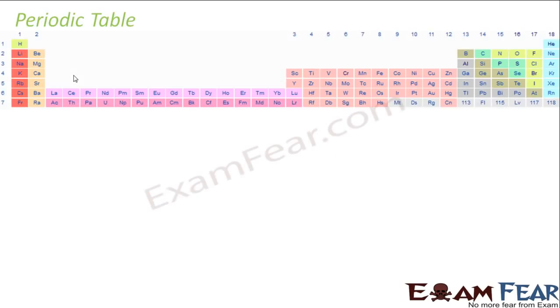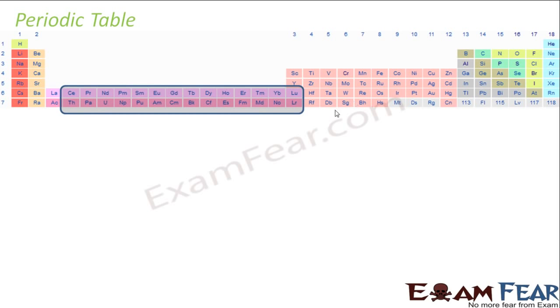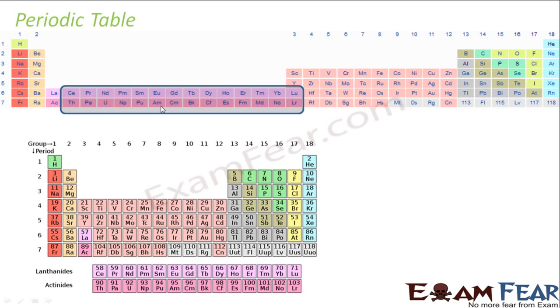If you see this periodic table, this is the normal periodic table. This is pretty long. We want to squeeze it, so what we can do is this part, the one in the blue, we can put it down and we get this normal periodic table. This is a very long form periodic table, a little inconvenient because it occupies more space. So the elements in the blue are squeezed down and you get this table.